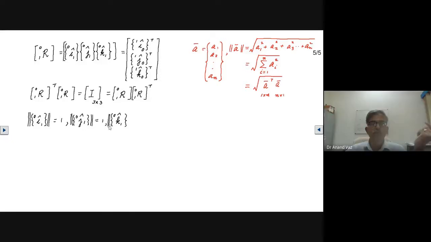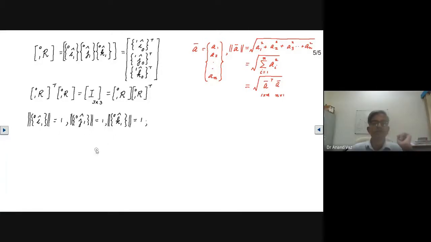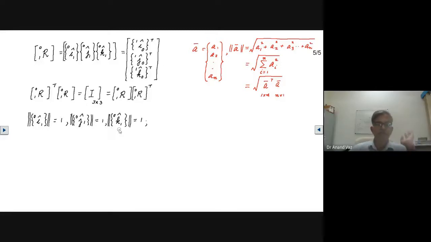So we'll do a few simple cases and things should become clearer to you. So these three magnitudes, we have got three conditions now. The columns are equal to 1 in length. These are our first three restrictions on the elements of the R matrix. There are 9 elements, but these are the restrictions.